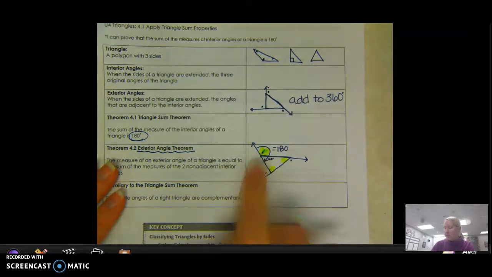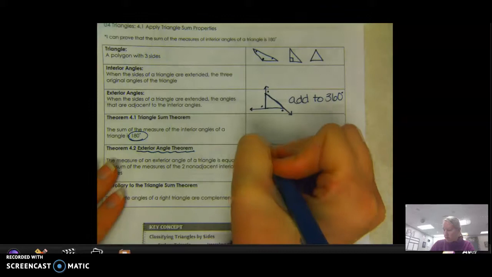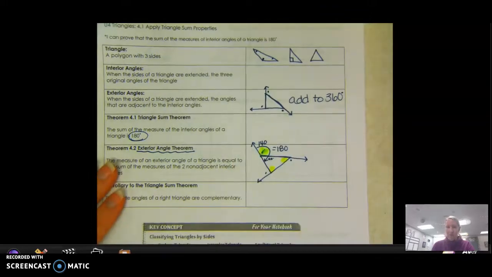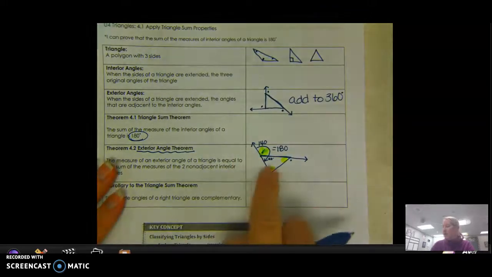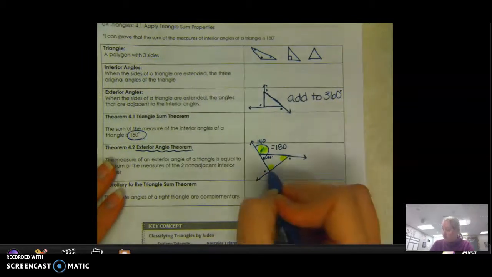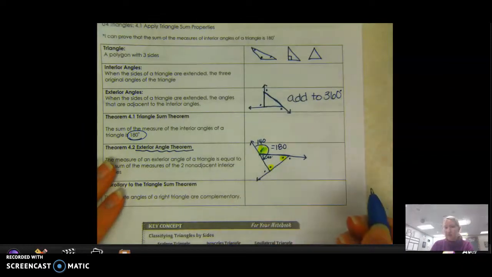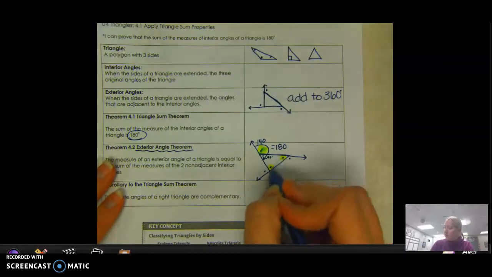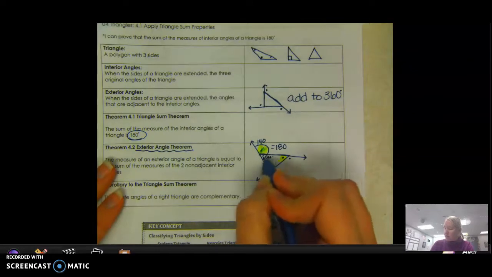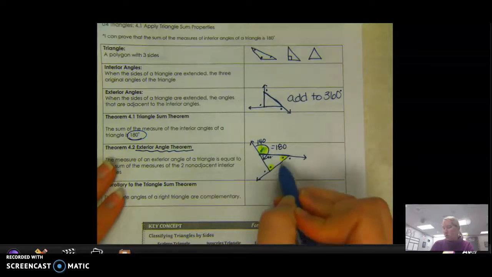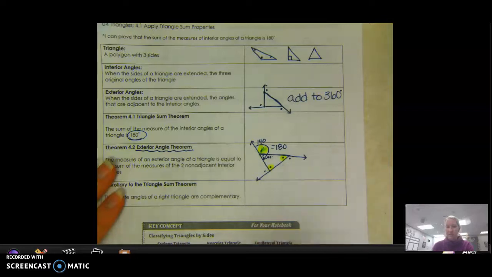That would make this exterior 140 degrees, because those two have to add up to 180. But a triangle's interior angles add up to 180, so this angle plus this angle plus this angle would have to be 180. These two angles would be 180 minus this 40 degrees, which is 140 also. So the exterior angle is equal to the 2 non-adjacent interior angles added together.